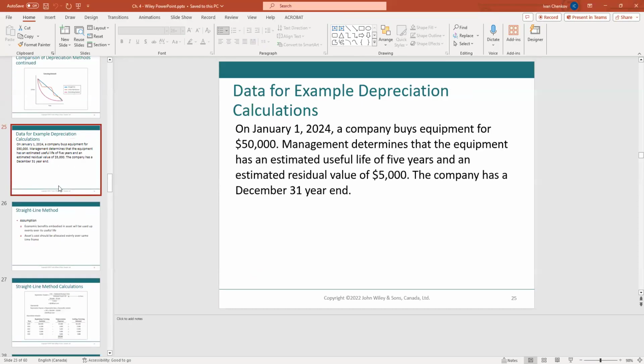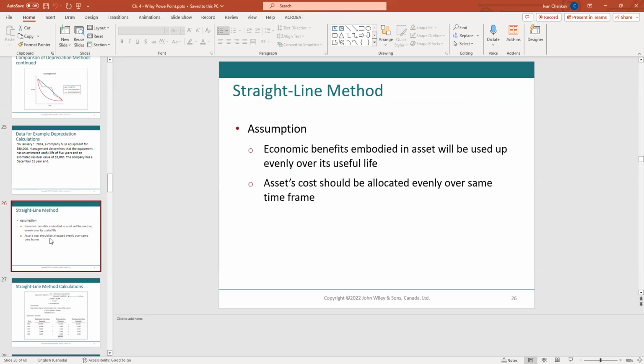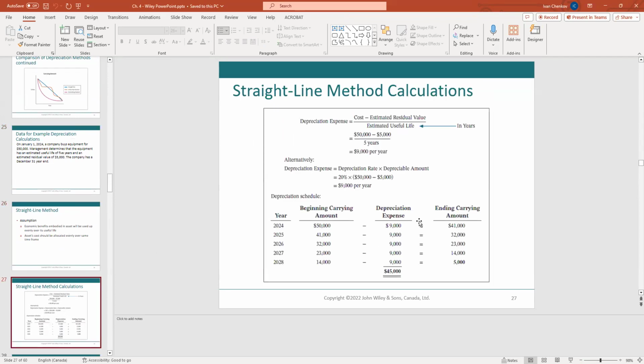Where were we? We are right here with the example. With the straight line method, we come up with depreciation per year of $9,000. How do we get the $9,000? We're going to depreciate 50,000 minus 5,000, which is 45,000, over 5 years.